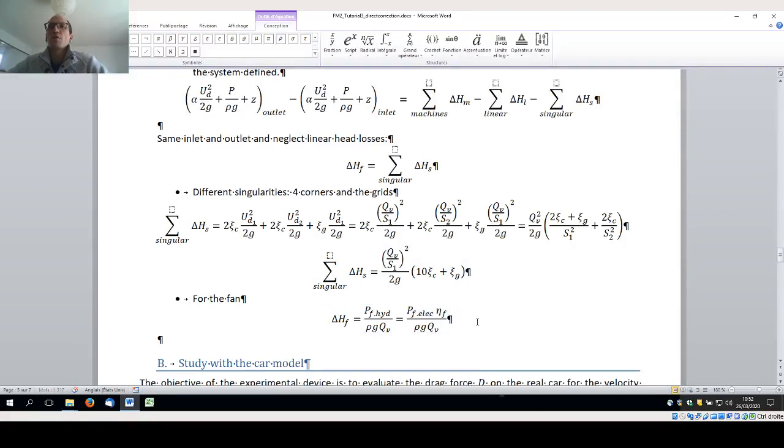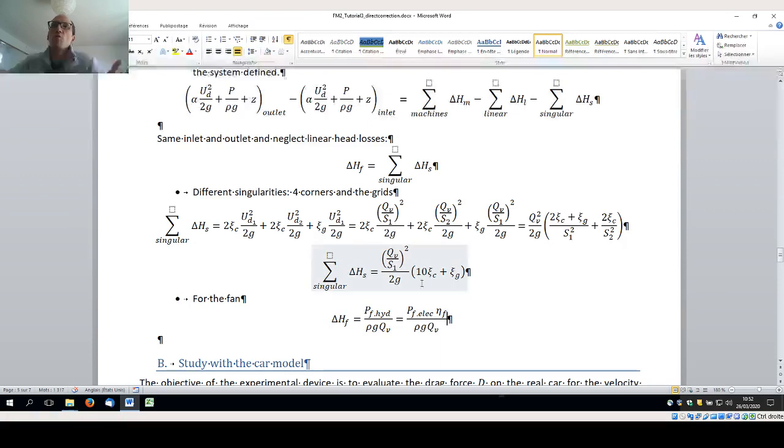So this means that in the end you are able to evaluate easily the power of the fan.